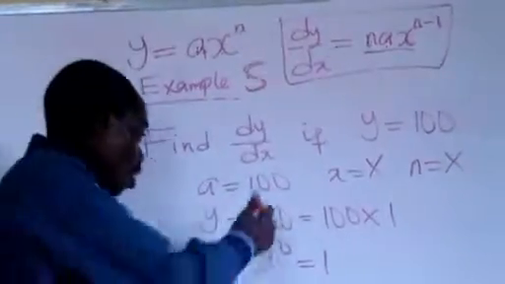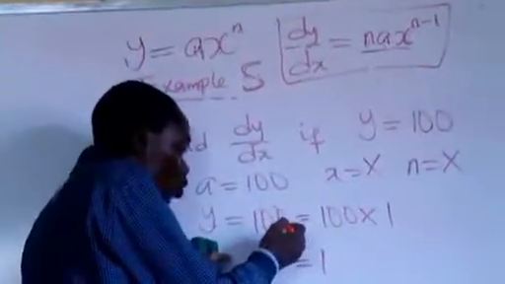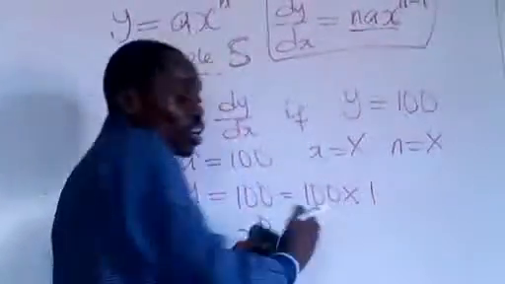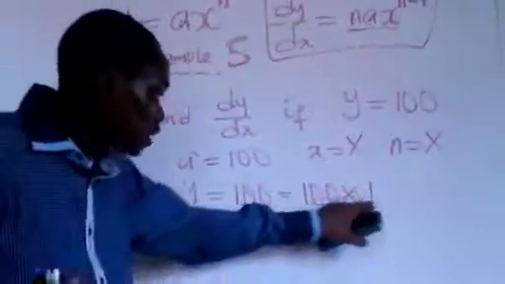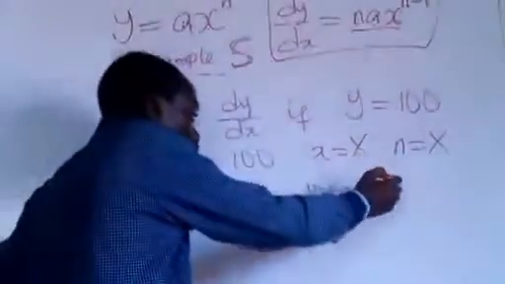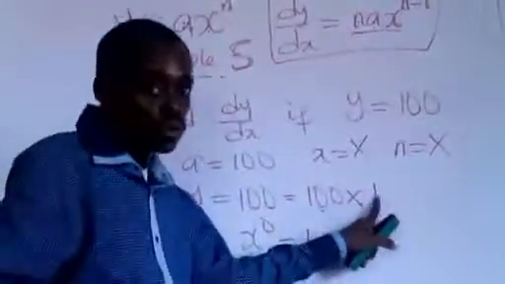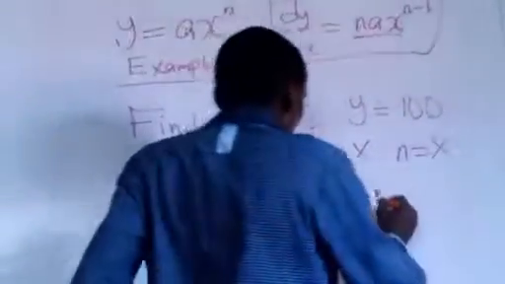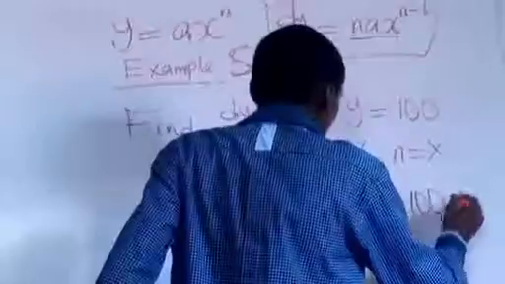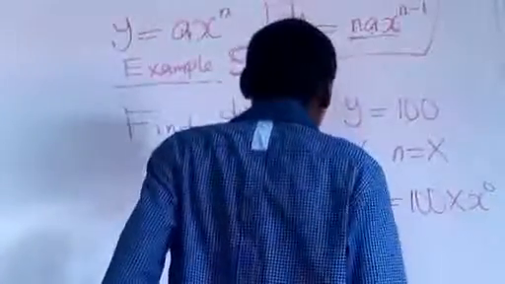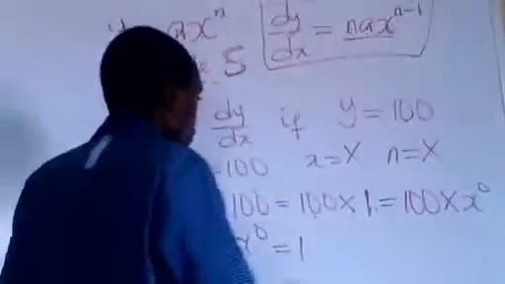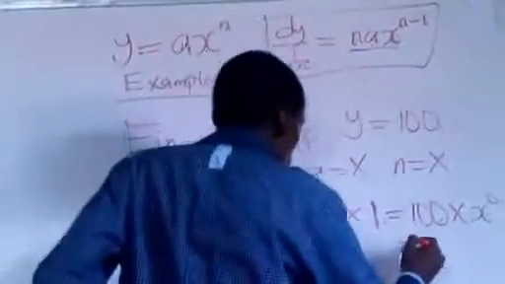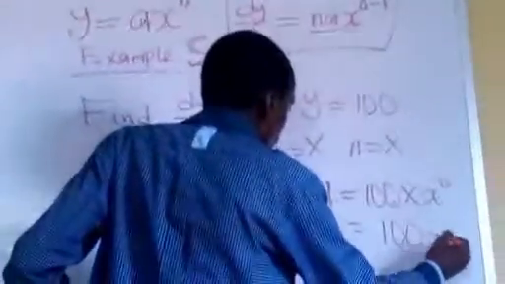Now, we are given y equals 100 and we now modify it to 100 times 1. Actually, we will not alter anything because 100 times 1 is still 100. Now, in place of this 1, we put x raised to power 0. So we're going to have 100 times x raised to power 0, which gives us 100 x raised to power 0.